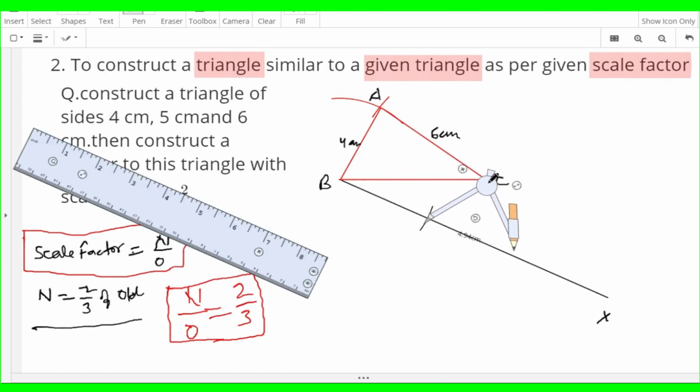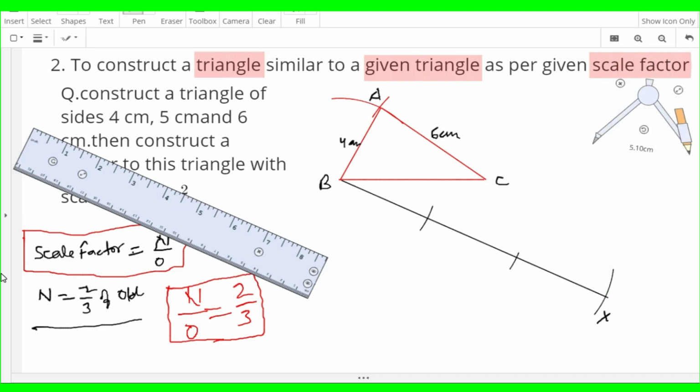Then again you put the pointer at this place and take another one, 2. Again you pick up from here, keep the pointer at this place, and take the third one, 3. So these are the 3 parts we have taken.